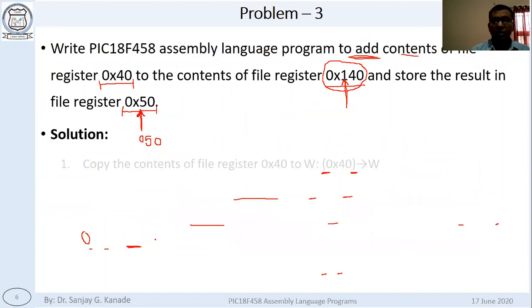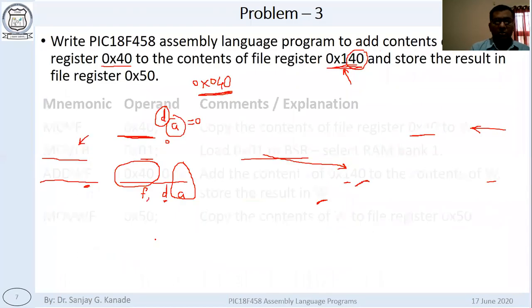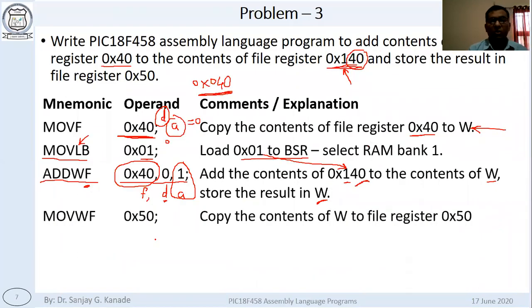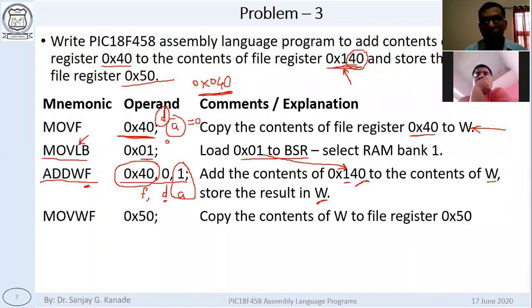Now coming back to our today's problem, the last statement says to store the result in file register 50. Now, since 50, as I have shown you before, is part of what? Where is 50 coming from? It is again a part of the access bank. So we don't need to specify here.